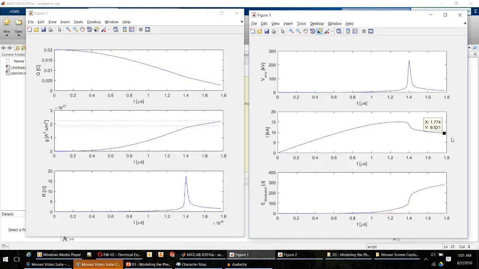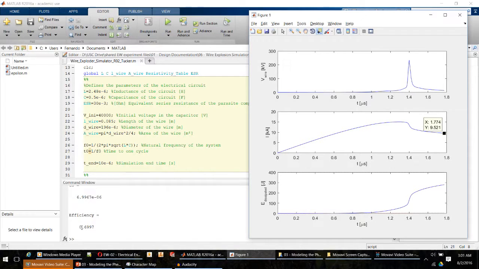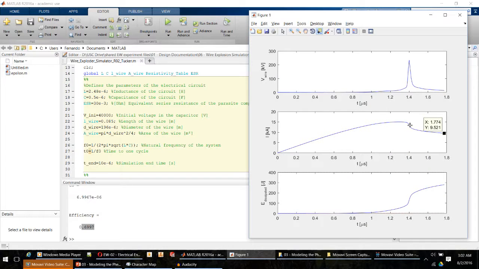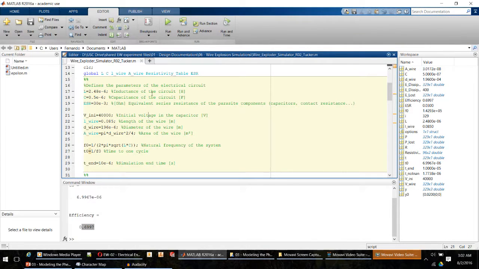So we don't know if this is going to produce a stronger explosion or not, because the efficiency, if you see here, is in the same order of magnitude. We didn't actually have an increase in efficiency, so that's the reason why I don't actually trust this kind of simulation to predict how effective the exploding wire is going to be.